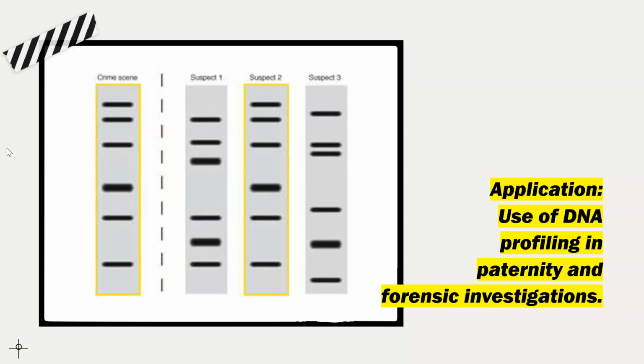We then run gel electrophoresis to separate out the DNA, and that then gives us our DNA profile, as we can see on the left. So the DNA profile on the left has come from a crime scene, and what we do is we look along our suspects, and basically we want to see as many matches to the lines on the crime scene as we can to match who our suspect is. And in this case, our suspect would be suspect 2.